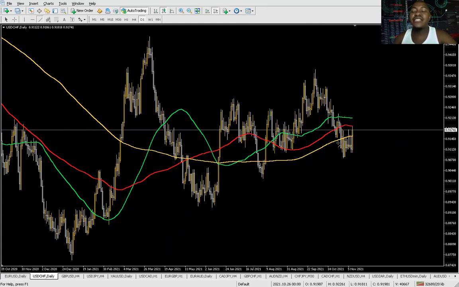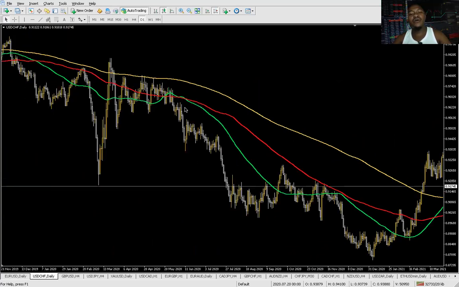But if this market fails to hold above these moving averages, this is now going to become a sell from here towards the downside, right? Now that the market is below these moving averages, we can start using them as resistance areas. If the market is above the moving averages, use them as support areas.